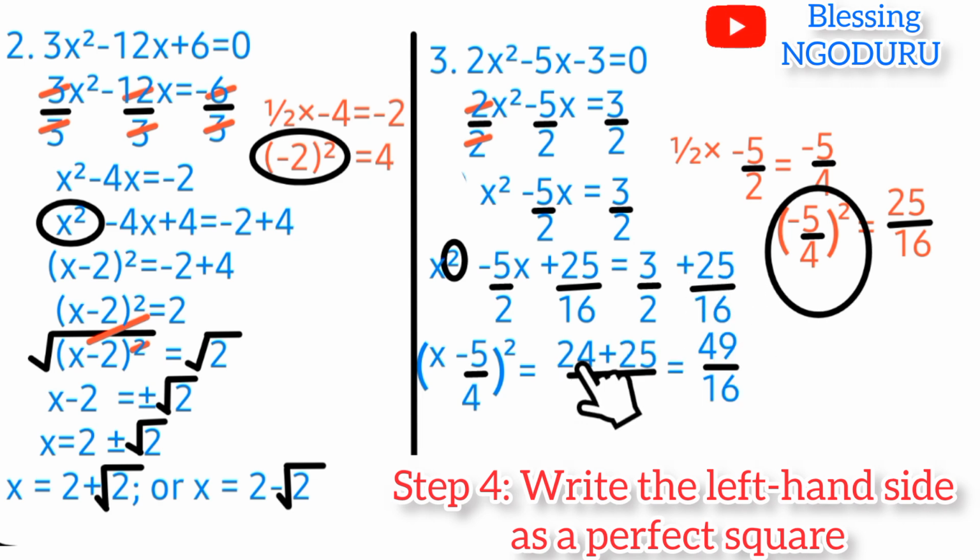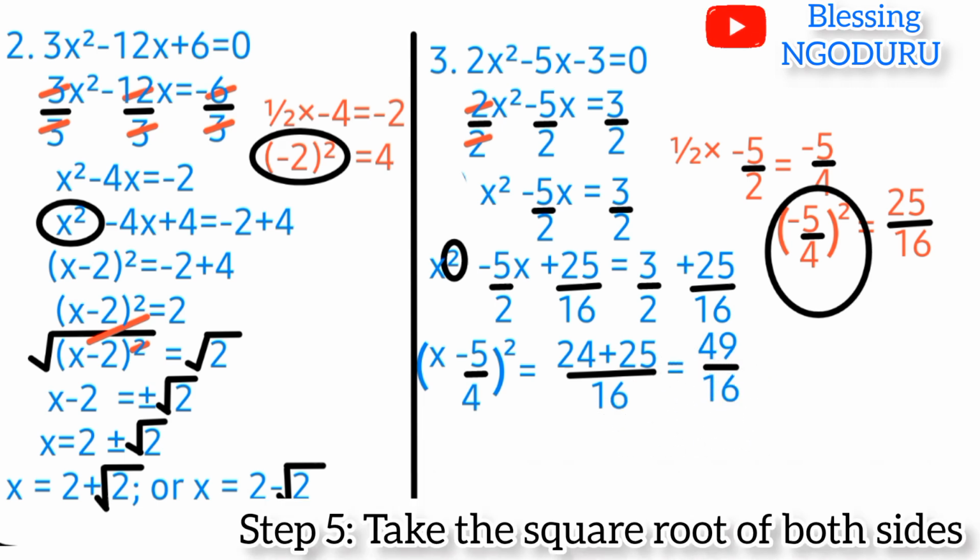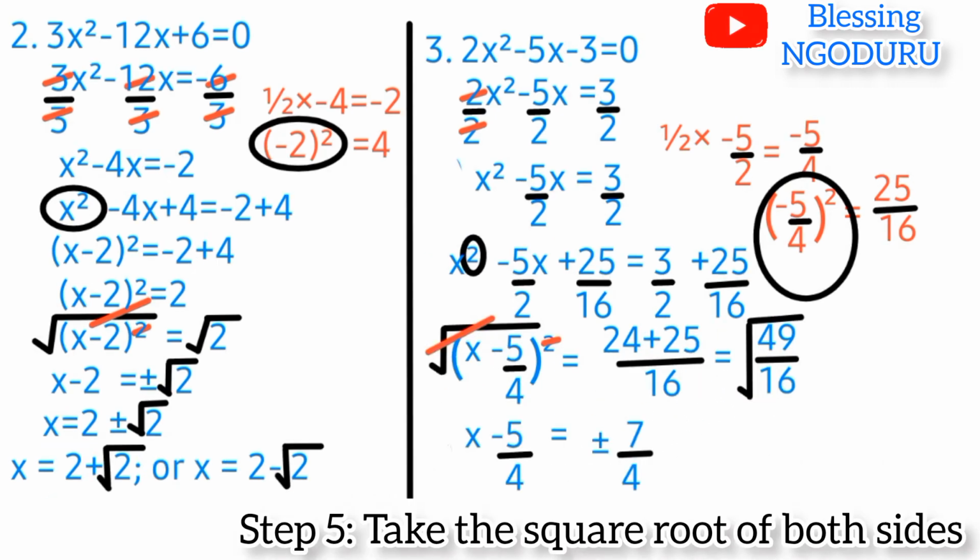So 24 plus 25 gives 49 over 16. Now let's get the square root of both sides. For getting the square root of both sides, the 2 cancels the square root here, and we are left with x minus 5 over 4 equals plus or minus square root of 49, which is 7, divided by square root of 16, which gives 4.